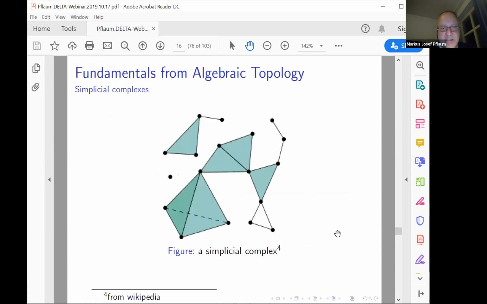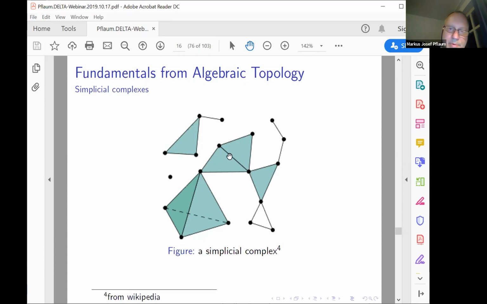Here is an example, from Wikipedia, so nothing very complicated. Here you have a tetrahedron, a couple of triangles, and a point lying around which is not connected. The important thing is this triangle and this triangle overlap in this common face, which is a one simplex.